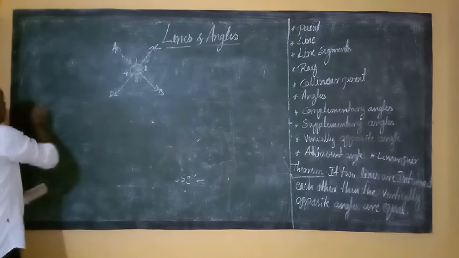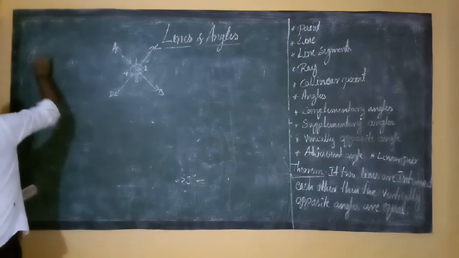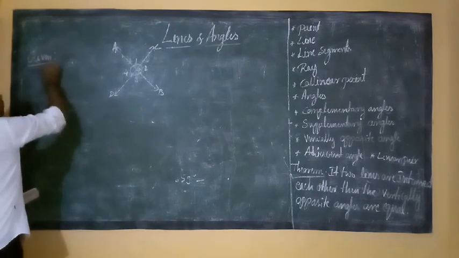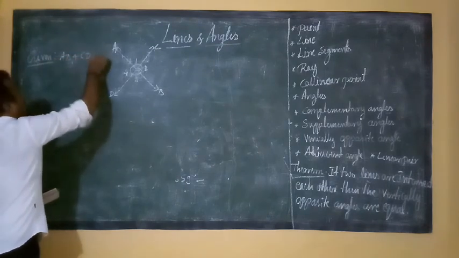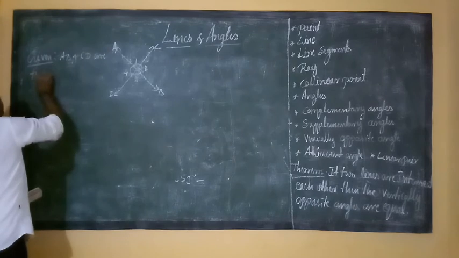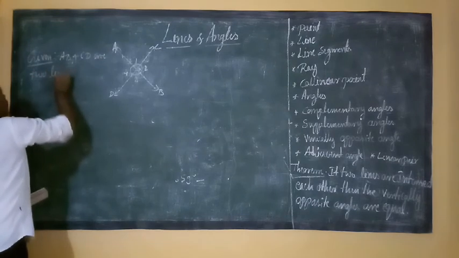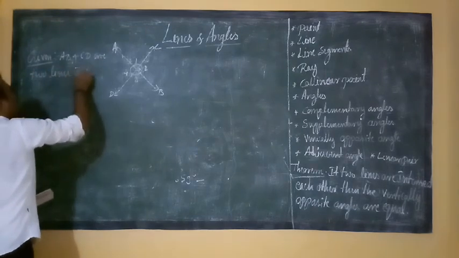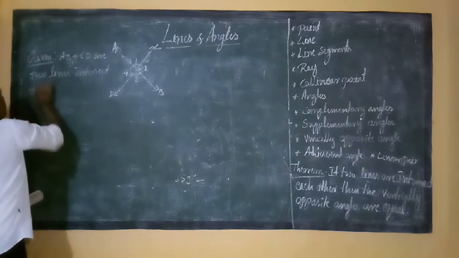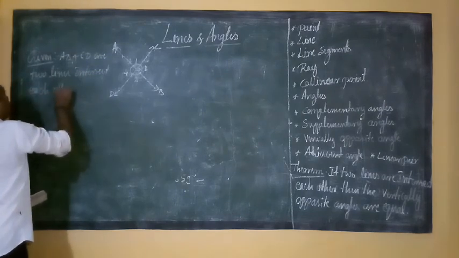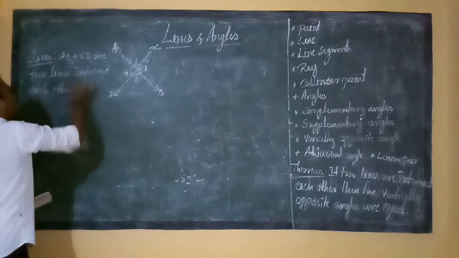See students, given. So what is given? Given means AB and CD are two lines intersecting each other at O. Correct?